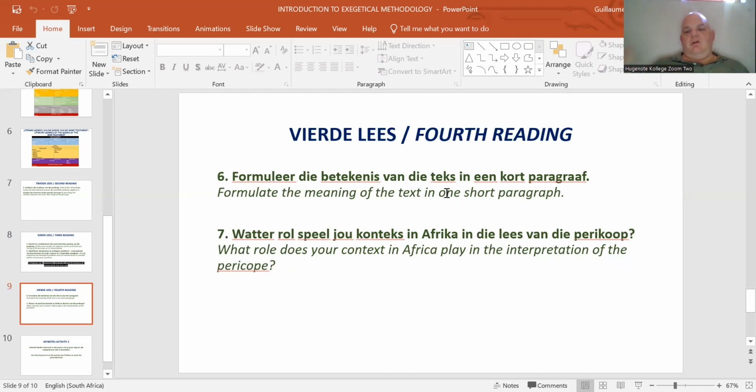So please don't look for one thing only, but rephrase it in words that make sense to yourself as you have started now to study, and the conclusion is yours, and you must grow into the insight of that conclusion. You must also ask about the role of the context in which you read this pericope.